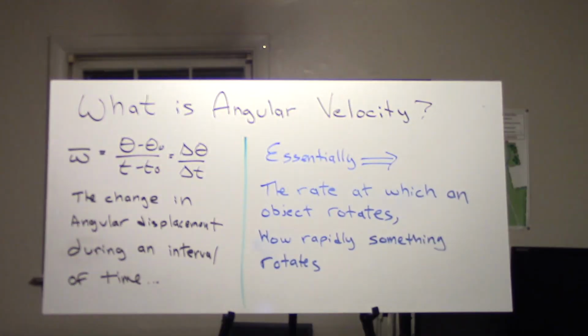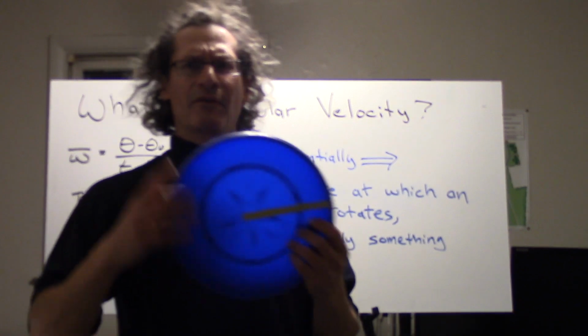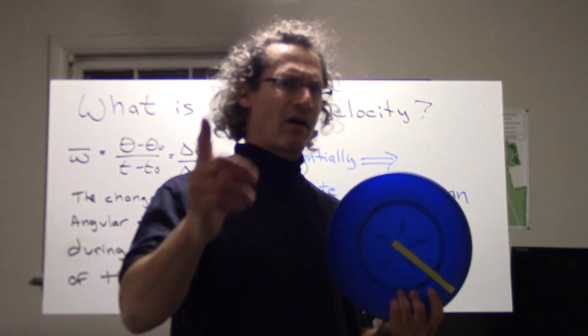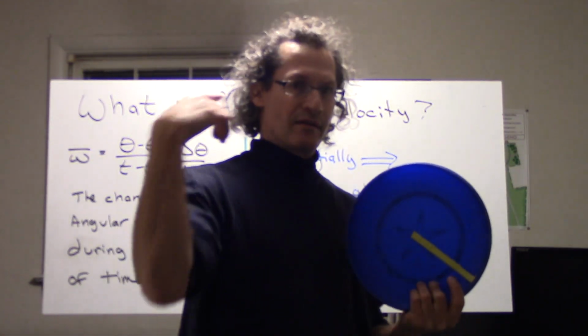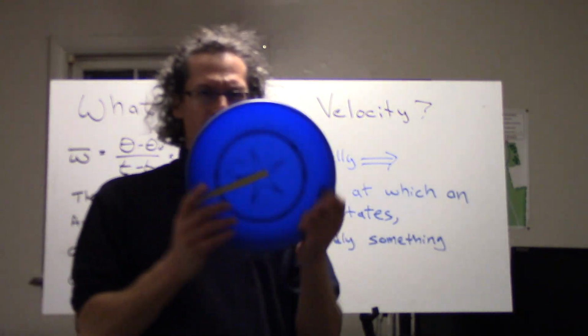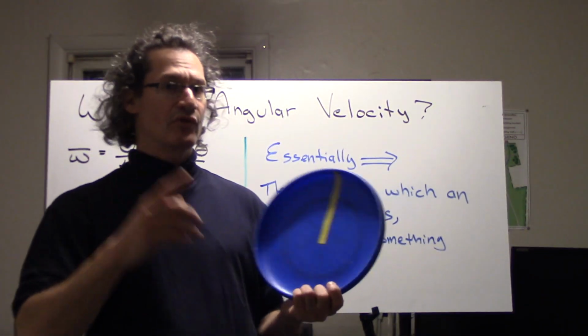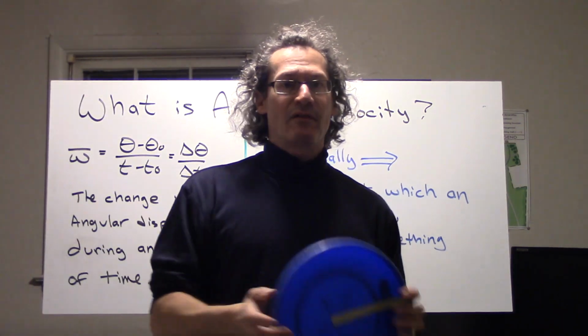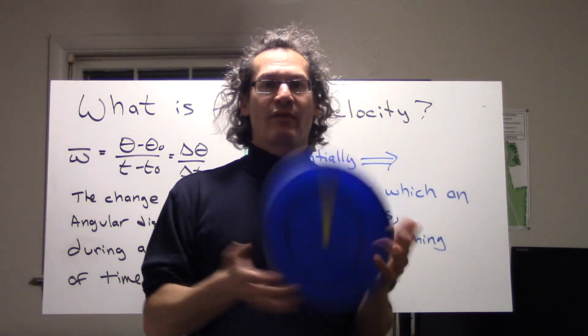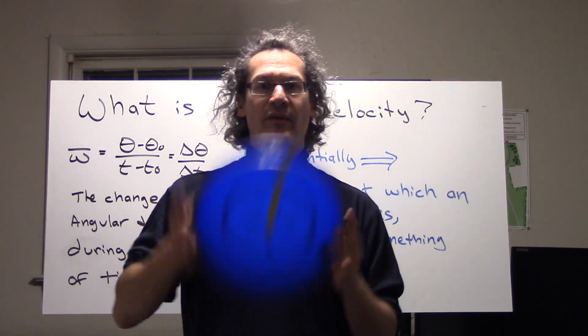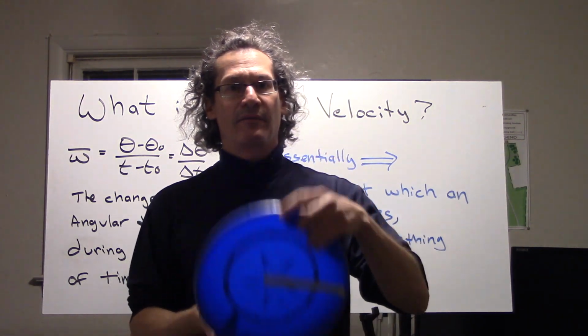Now, what you might notice though, cameras are weird. Ever notice that cars in commercials, it looks like their wheels are turning backwards? What's up with that? We're going to study that this week. I will show you exactly why something goes backwards, and it has everything to do with the way cameras work and their frequency, their refresh rate of 30 frames per second.